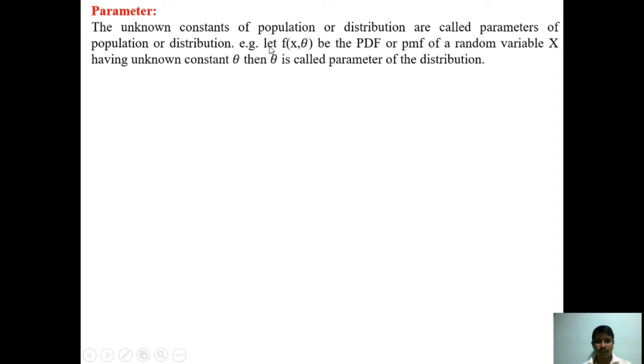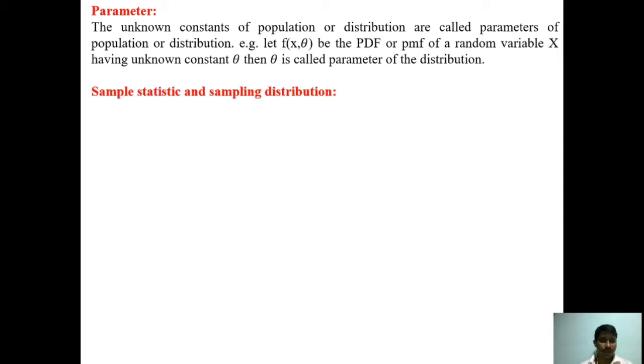For example, let f(x, theta) be the PDF or PMF of a random variable capital X having unknown constant theta, then theta is called parameter of the distribution. We consider theta is any parameter of this distribution. Okay, let's see the next definition.